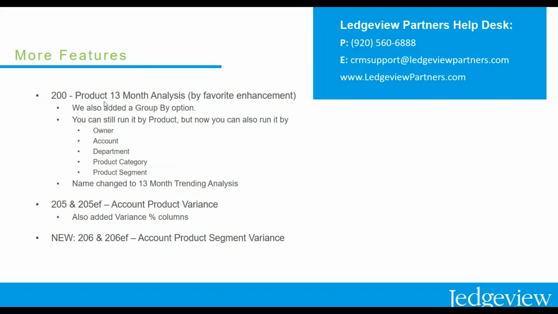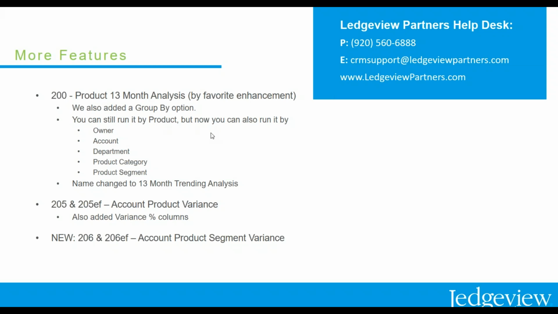Report 200, which is a way for you to analyze your products, see trending information for a specific or for your products. Again, with all the filters that you want to apply to the report, we now give you the ability to control the way the data is grouped. So it's not necessarily a product analysis report anymore.